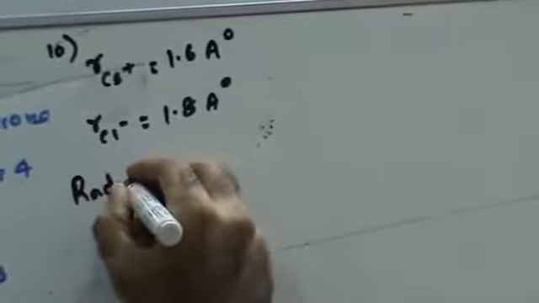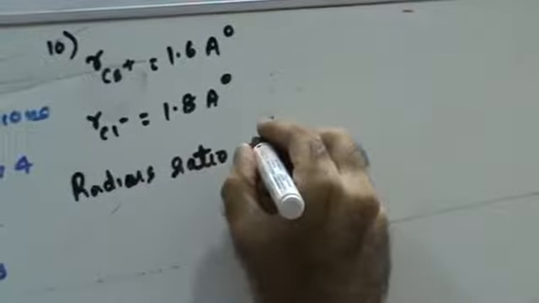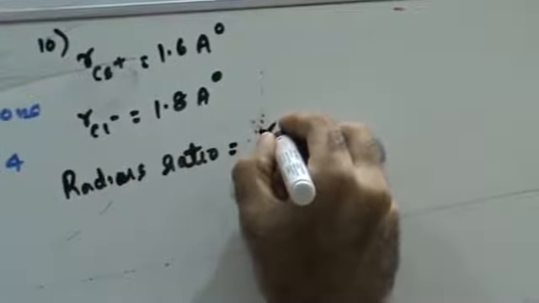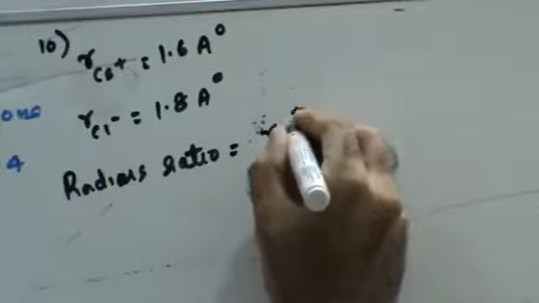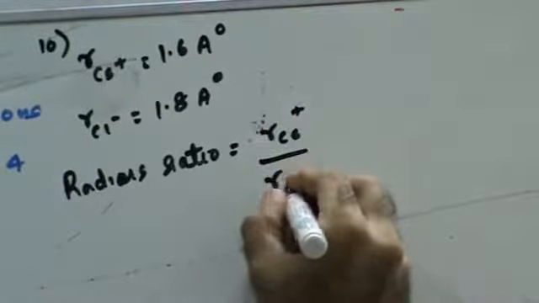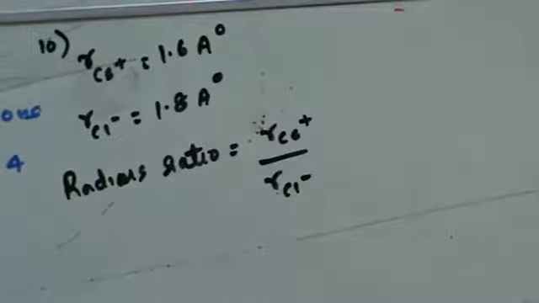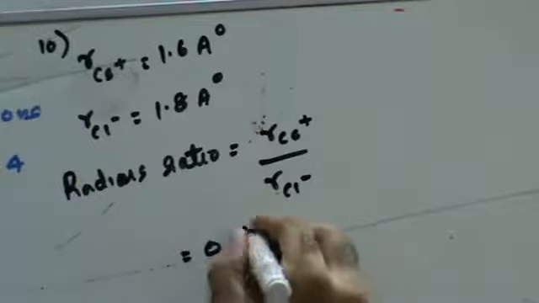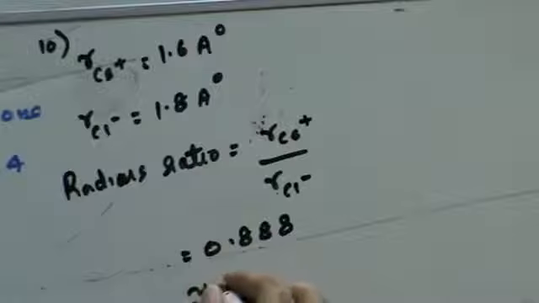Now, we know that the radius ratio is nothing but radius of positive ions upon radius of negative ions. Solve this. Find the radius ratio. You will get this answer as 0.888, which is approximately equal to 1. Right?